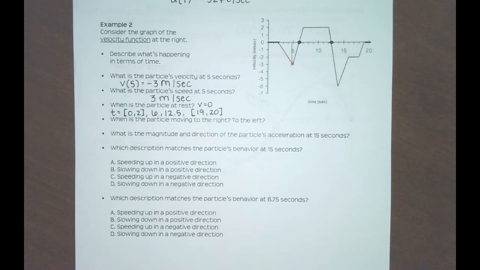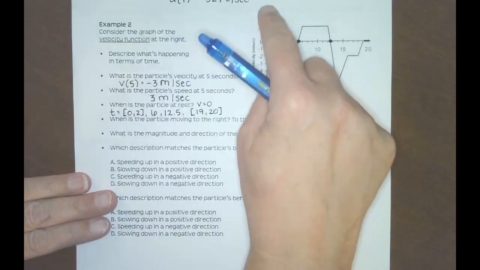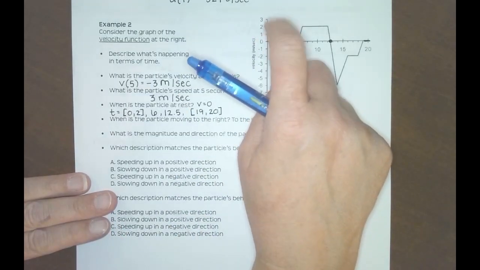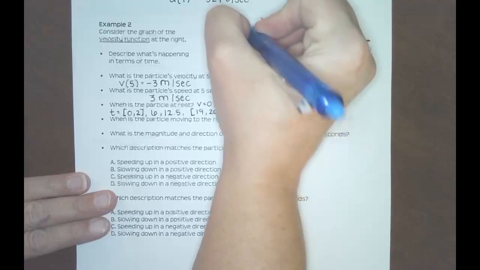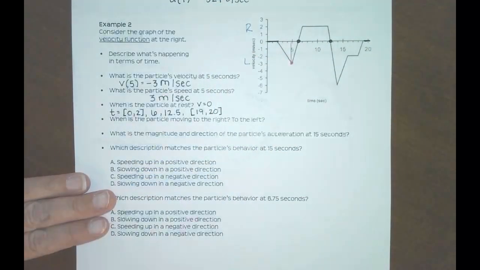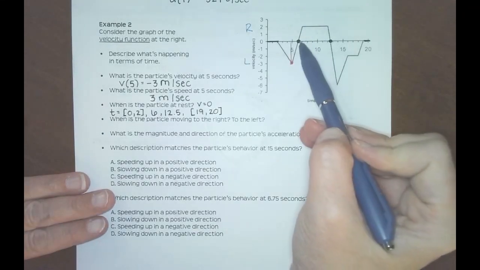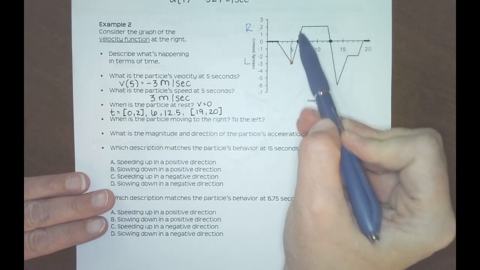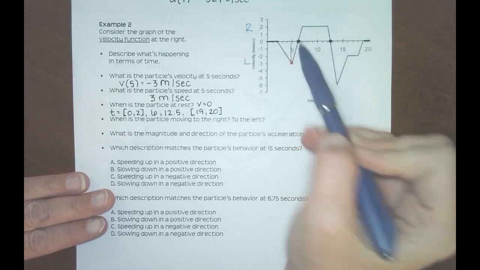So when are we moving to the right and to the left? So that's talking about direction, right? So that's positive versus negative velocity. So all of this up here above ground, positive velocity, that's when I'm moving to the right. Everywhere below ground, that's when I'm moving to the left. So let's see where that actually happens. I'm only moving to the right for this little chunk that looks like a trapezoid.